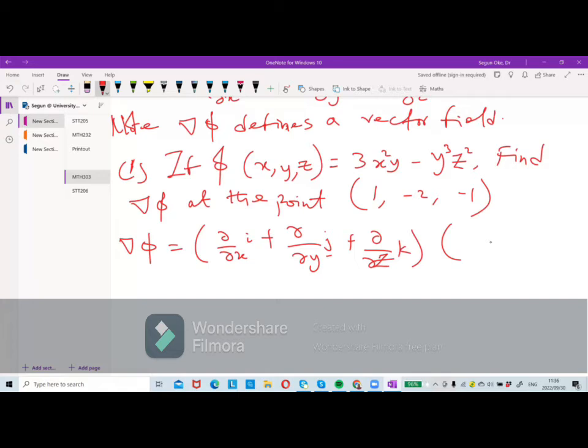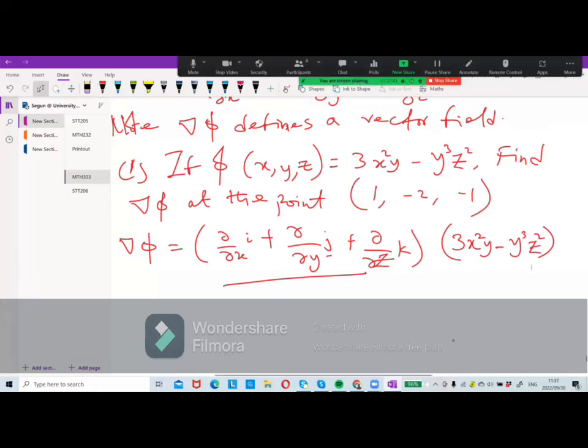So now we have this, which is our del. Then what is our grad? Our phi is 3x squared y minus y cubed z squared. Are we there? Yes, sir.